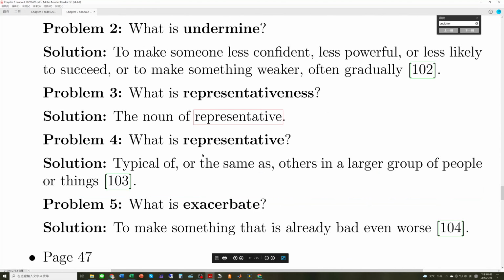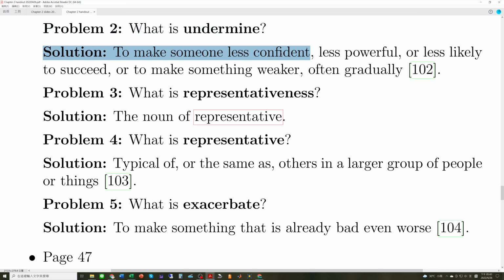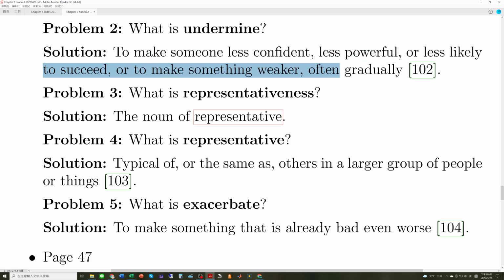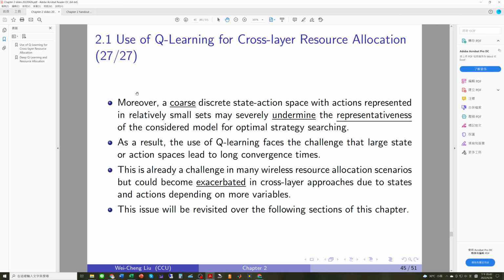Problem 2. What is undermine? Solution: to make someone less confident, less powerful, or less likely to succeed, or to make something weaker, often gradually. Let us go back to the slides.